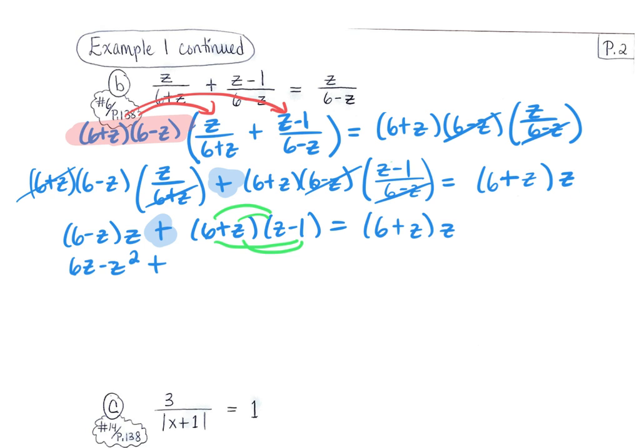What do you get? 6z squared. Outside, 6 times negative... Inside, z squared. And minus z. So I used green to demonstrate we're using the FOIL method. Equals 6z plus z squared plus z squared. Everyone agree?